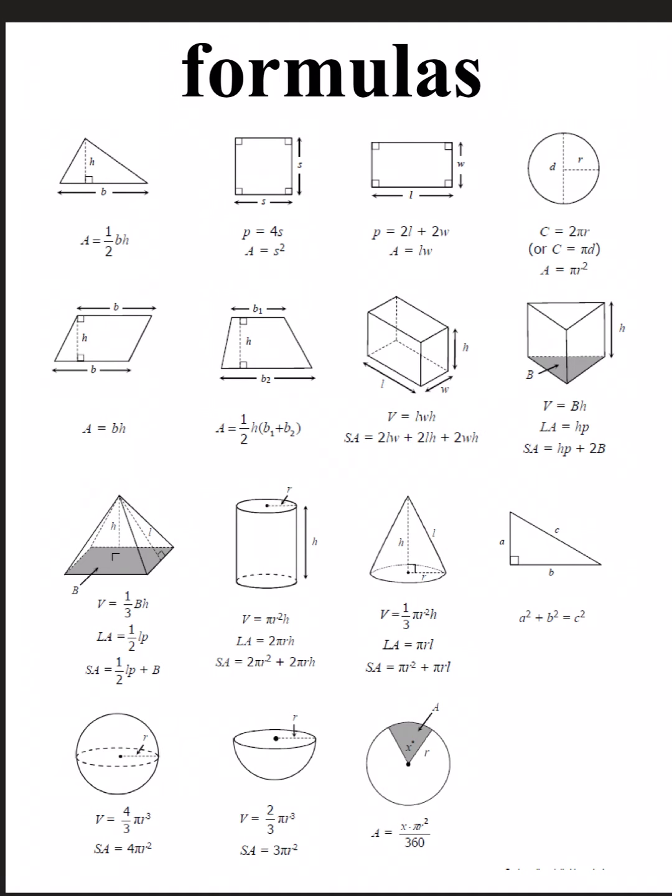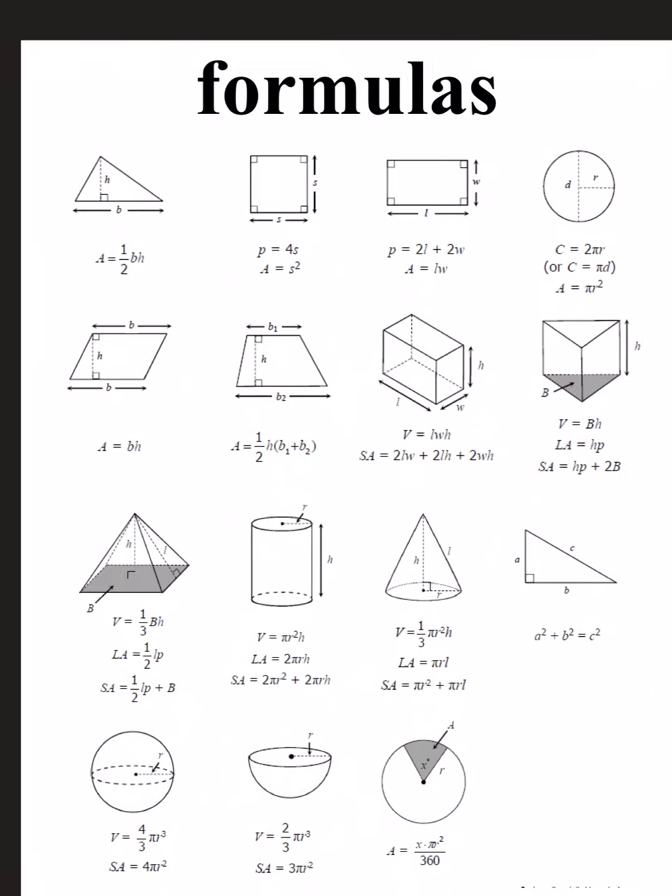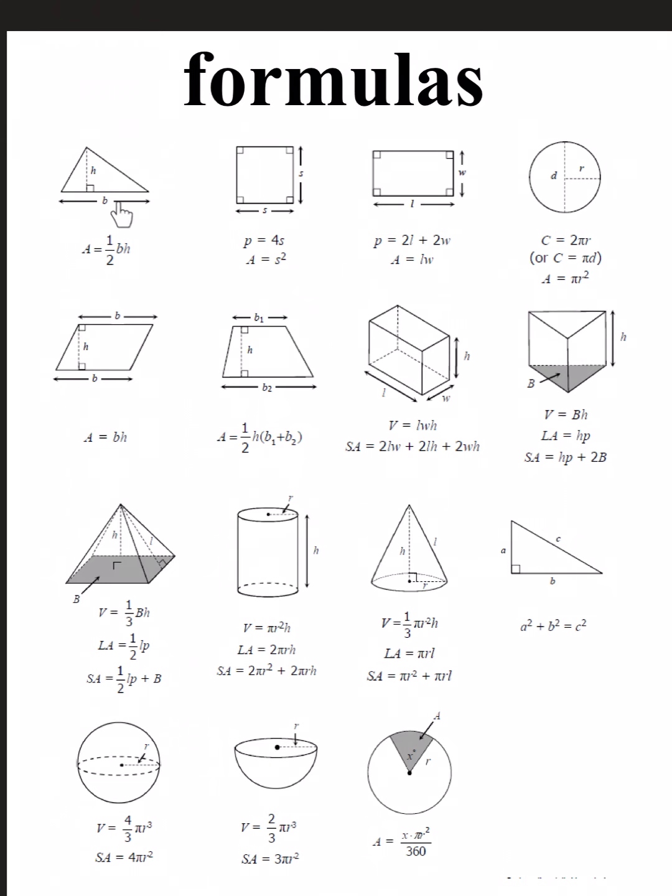Go back to our formula, our triangle. Area of our triangle is 1/2 base times height. Our parallelogram area is just base times height. And that is shown here.